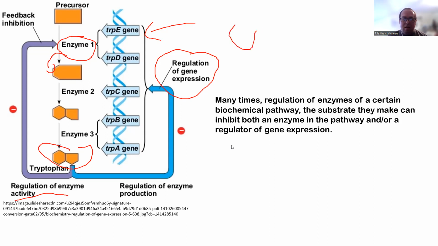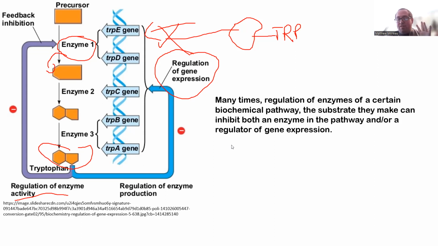So if this is our transcription factor, it binds tryptophan, and tryptophan actually inhibits it from binding the trp operon, and therefore we're no longer making more proteins involved in the tryptophan biosynthesis pathway, and we're inhibiting whatever proteins we have created.